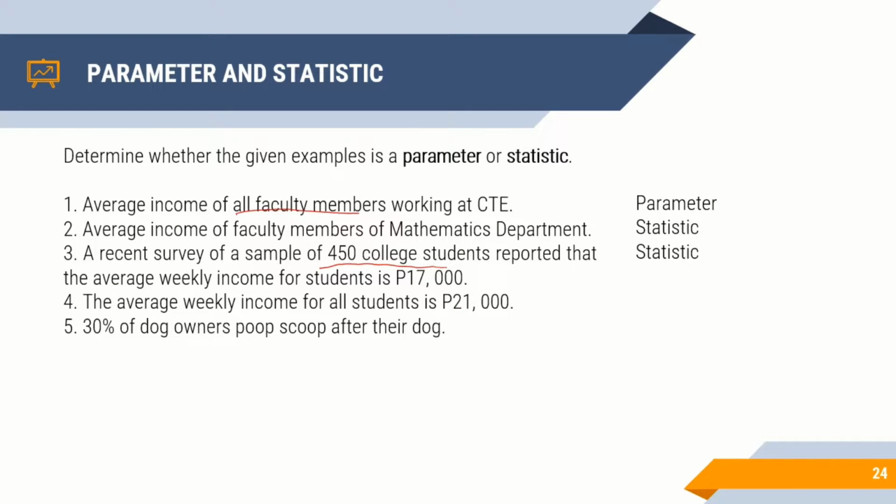It is an example of a parameter since it describes the population of all students. And lastly, 30% of dog owners pick up after their dog. It is an example of a statistic since it is only 30% of dog owners.